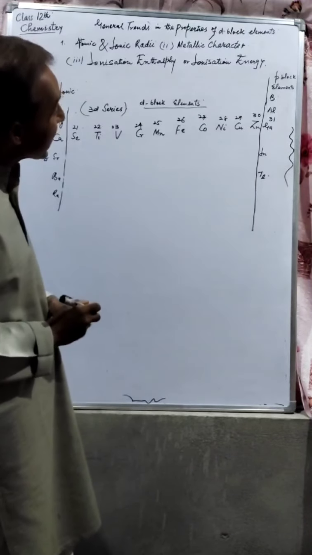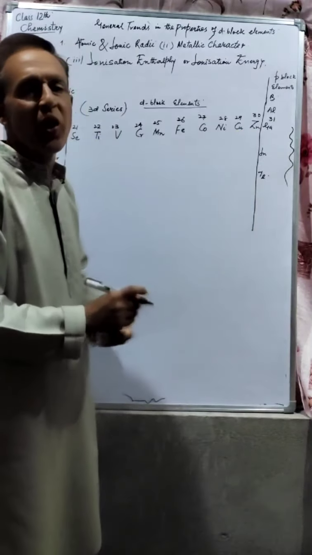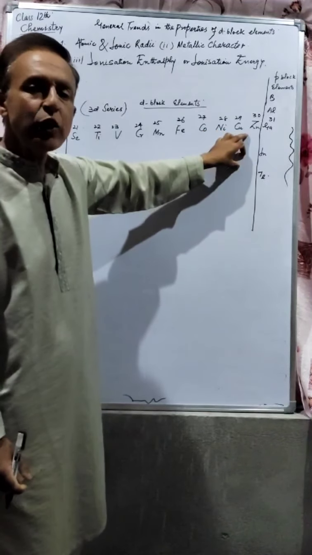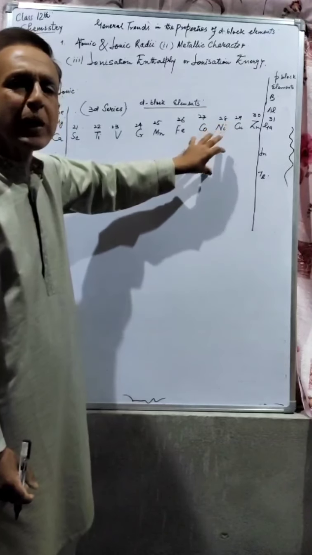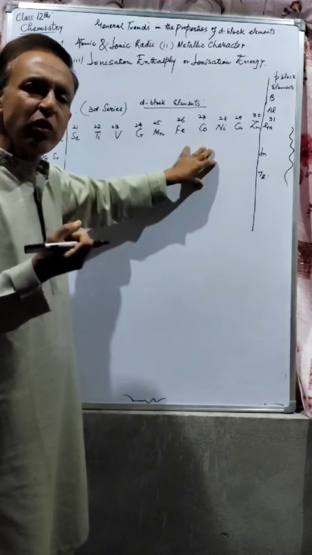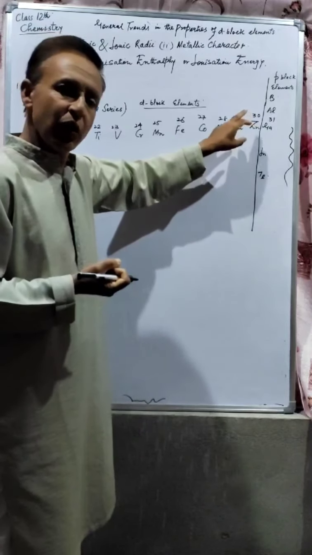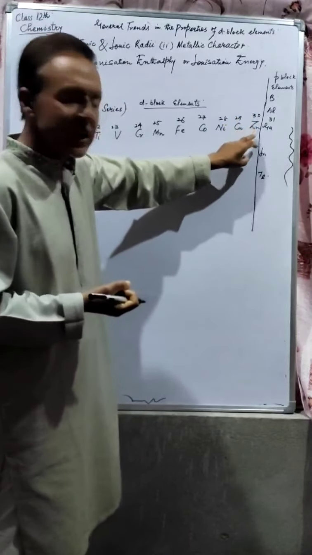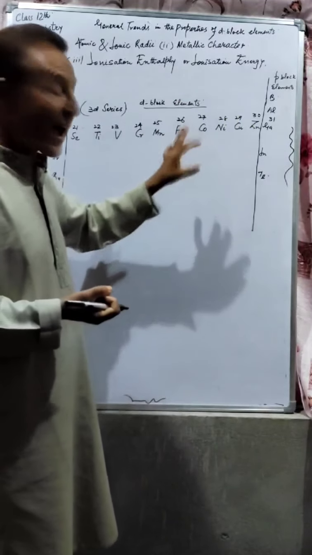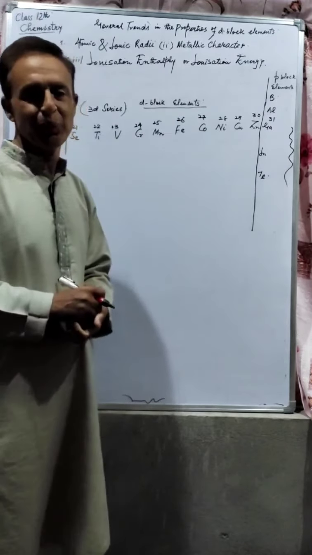And why is there an increase in the atomic radii from copper to zinc? It is because in zinc the penultimate d subshell is completely filled, and due to the electron repulsion in all the orbitals of the d subshell, the force of repulsion exceeds the nuclear force of attraction.